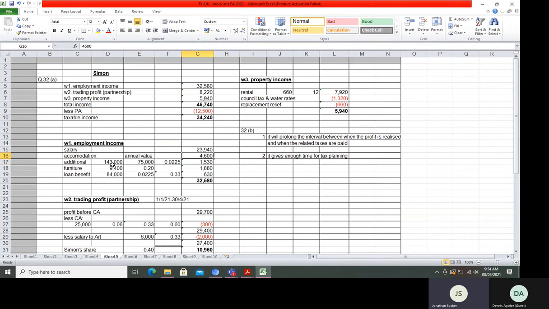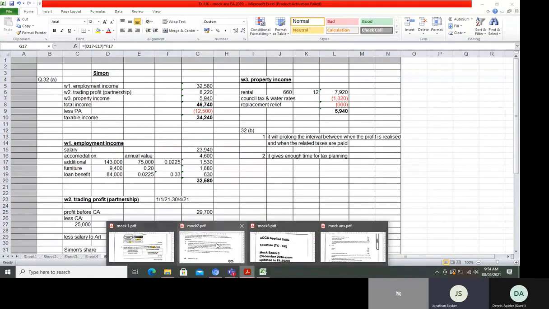Then as we checked, it's expensive, and because the gap exceeds 6 years, we use the market value to calculate the additional benefit. We take the market value less the limit of 75,000, then the difference multiplied by the official rate of interest, which is 2.25%. When you do that, you get 1,530. Right, so that's it for the accommodation.